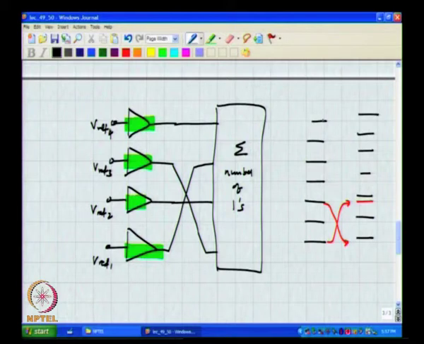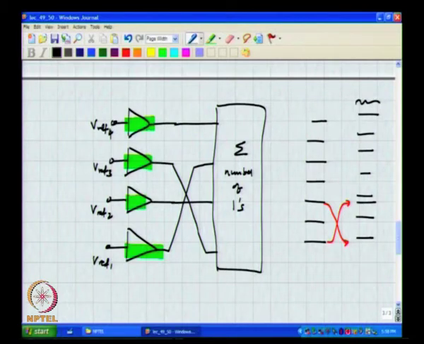what happens? It does not matter, it appears as if you had a comparator array with these thresholds, correct. Is this clear?